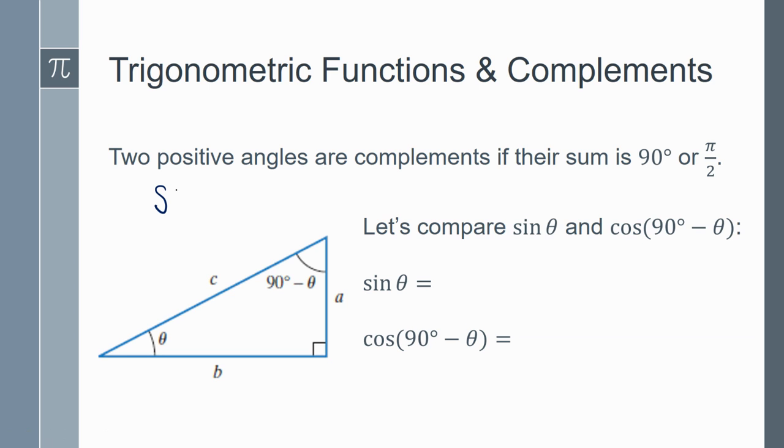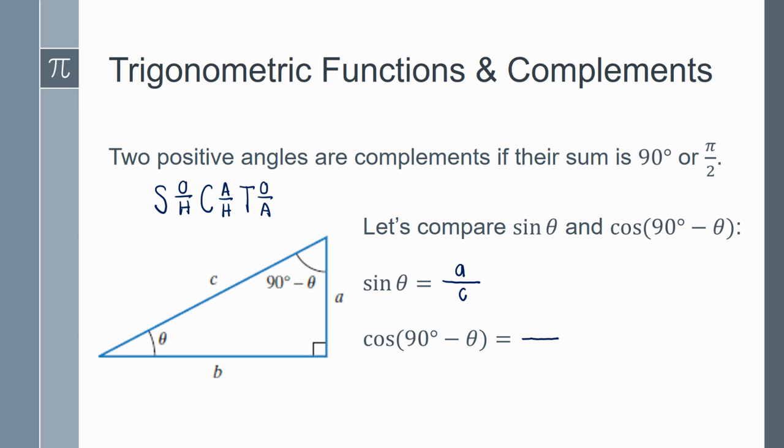So we're thinking about SOHCAHTOA here because I want to create ratios. If I want the sine of theta, we're looking at, obviously, the angle theta. What is opposite? Well, that's what's across. A is what's across from that theta. The hypotenuse is what's across from the 90. That's C. So A over C is the sine of theta.